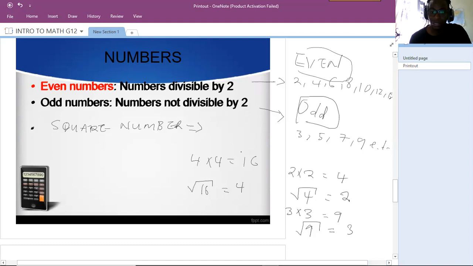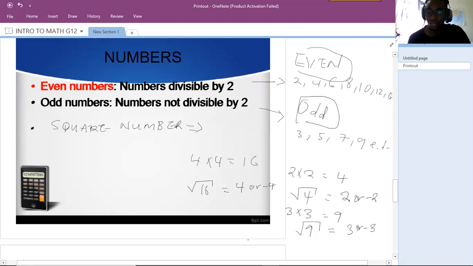So if we say the square root of 4 is positive 2, for us to be correct, for us to get marks, the square root of 4 is actually either positive 2 or negative 2. The square root of 9 is either positive 3 or negative 3. The square root of 16 is either positive 4 or negative 4, and so on.